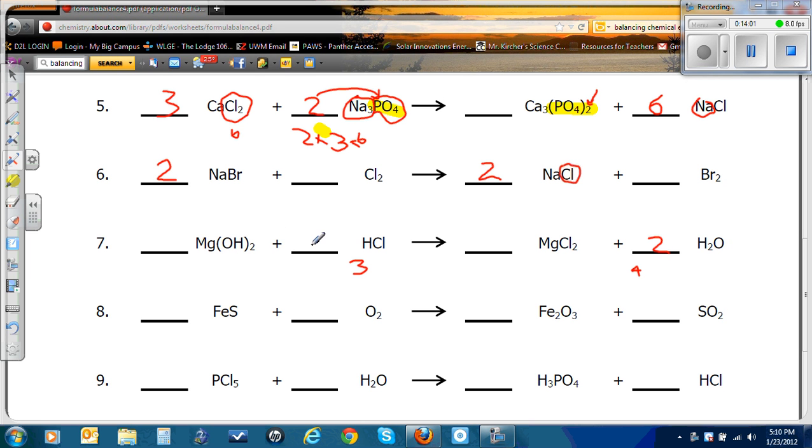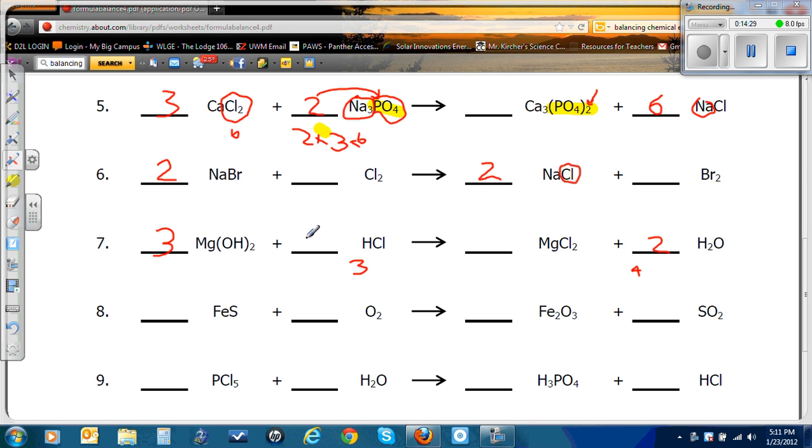So we have to take care of the hydrogen in this case, so 3 and 4, so we have to get it to 12. All right, so let's try maybe if we make this a 3. Okay, so now we have 3 times 2, we have 6, plus 1 is 7. That didn't work so good.